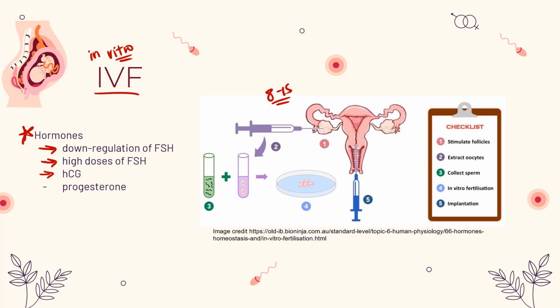Those eggs, 8 to 15 of them, are then extracted from the ovary and they are fertilized in glass, in vitro. The resulting embryos are allowed to develop, usually for about 48 hours, and then the healthy embryos can be implanted into the uterus along with some progesterone that is going to help to maintain that endometrium lining so that those embryos can be implanted.